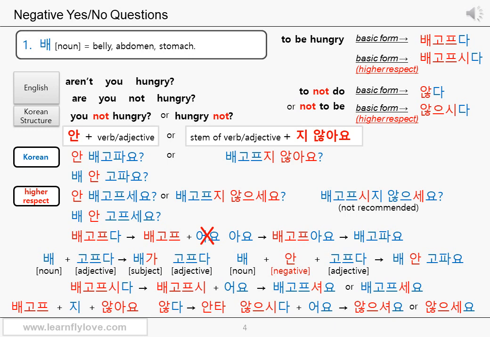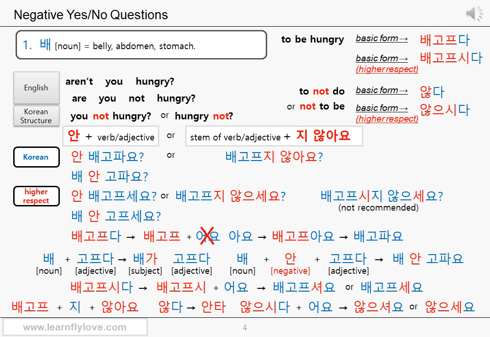But sometimes native Koreans turn the 배고프지 part into the higher respect form to sound even more polite, like 배고프시지 않으세요? Well, it's okay in spoken Korean, but we don't recommend this because there is a risk of sounding over-respectful.